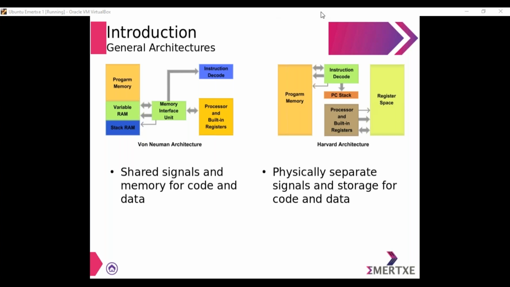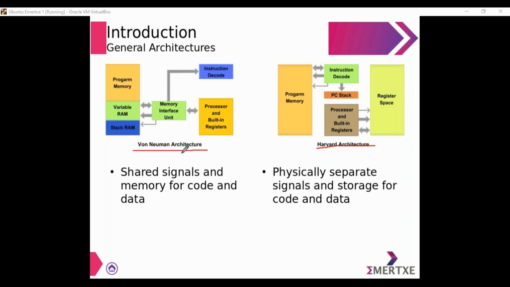Now coming to the general architecture. Whenever you talk about a microcontroller or a microprocessor, any IC you take, it can either be designed using von Neumann architecture or using Harvard architecture. Von Neumann architecture means you have a single memory used for both the code and the data.